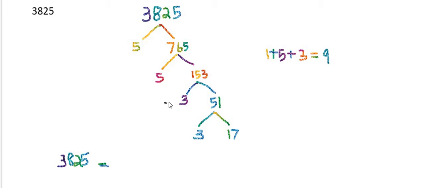There are 1, 2, so you can write 3 square. And how many 5's can we count? 1, 2, so 5 square. And 17 is left out. We will finish it with 17.